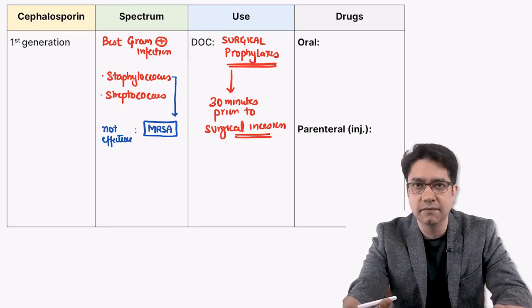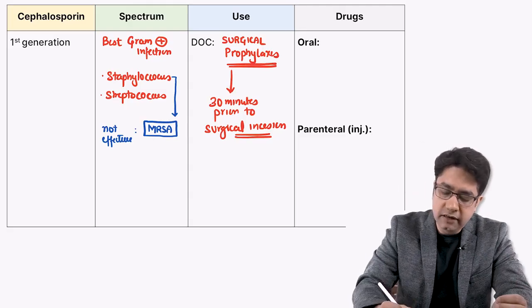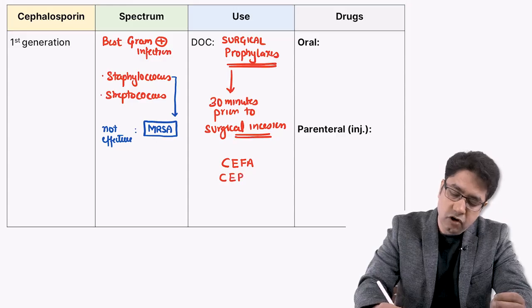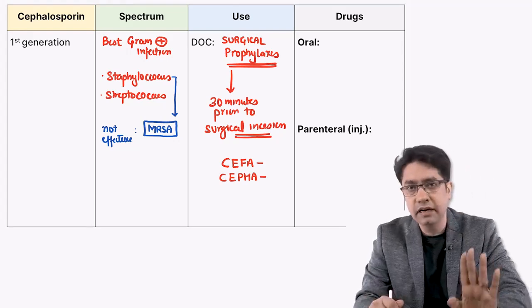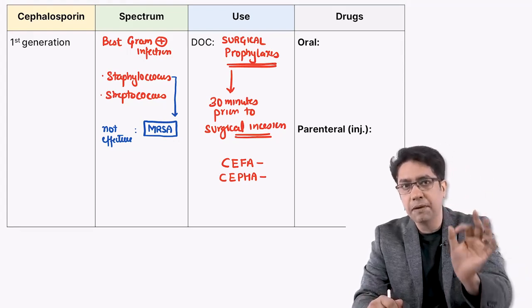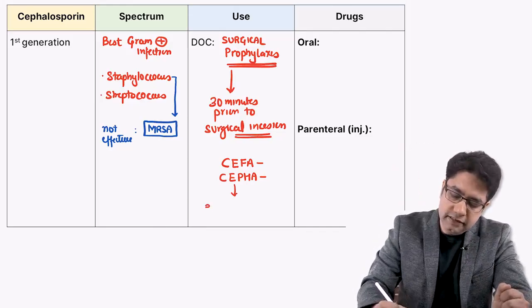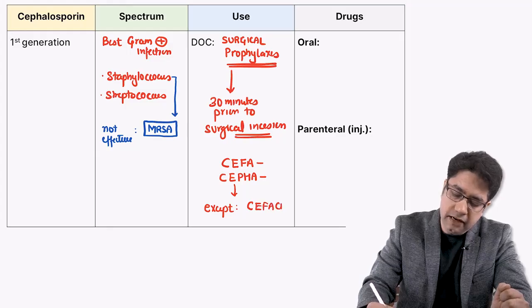Now the next question, the tough one: how to remember their names? It is very easy. Any cephalosporin which starts with the word Cepha will be first generation. This Cepha could be CEFA or CEPHA. Remember one exception: the only exception is cefaclor. If the word cefaclor comes, it will not be first generation.